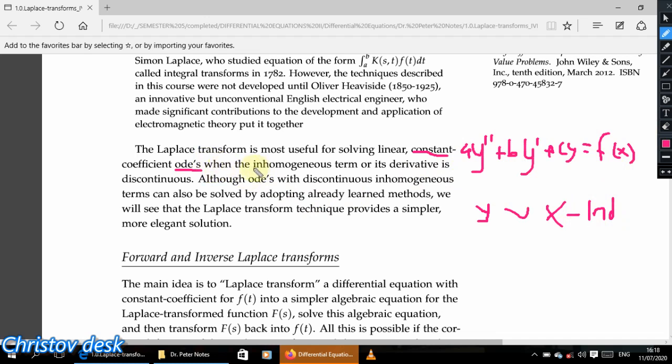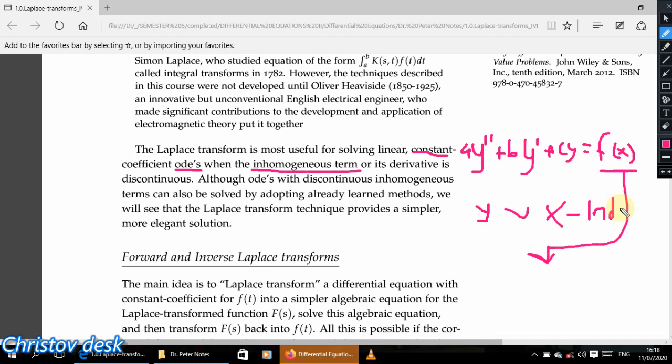All right, so about the inhomogeneous term: remember that if this whole thing is equal to 0, it is homogeneous. So this is the part that is making it inhomogeneous. If this term is discontinuous, it is not a function that is differentiable, not a function that is continuous.